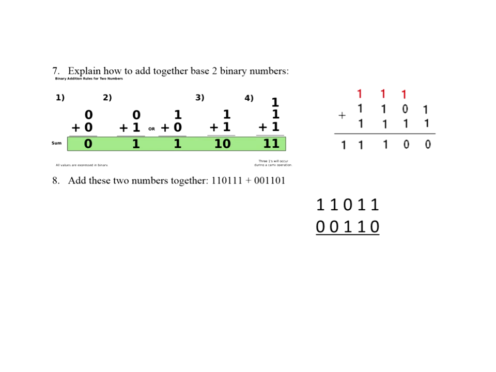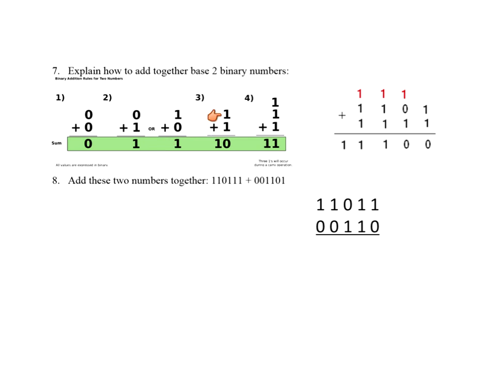Now, how do I add together base 2 binary numbers? Well, these are the basic rules right here. A 0 plus a 0 is a 0. 1 plus 0 is a 1. 0 plus 1 is a 1. But here's where it gets tricky.